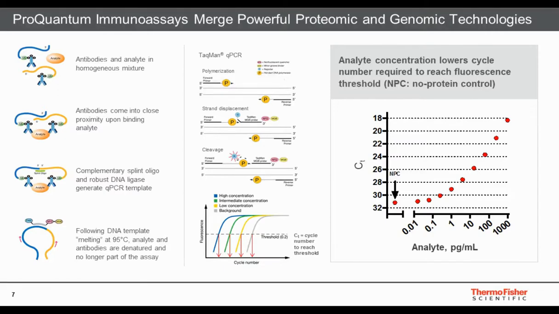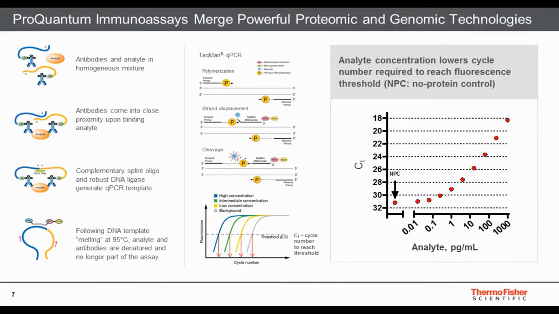But in contrast to an ELISA where the antibodies are conjugated to an enzyme, or in contrast to our multiplexing assays where the antibody is conjugated to a fluorophore, in this case, the antibodies are pre-conjugated to DNA oligonucleotides. One antibody is conjugated to a 5' oligo, the other one to a 3' oligo.